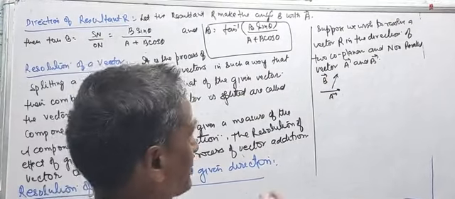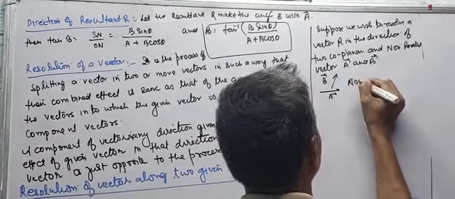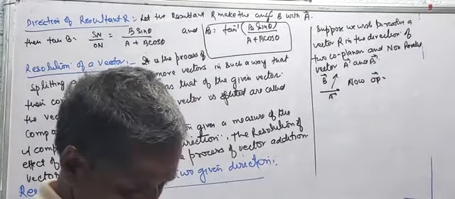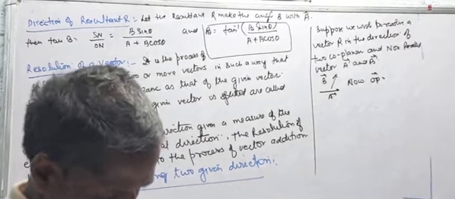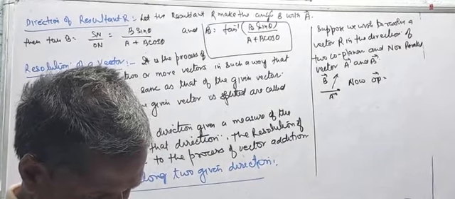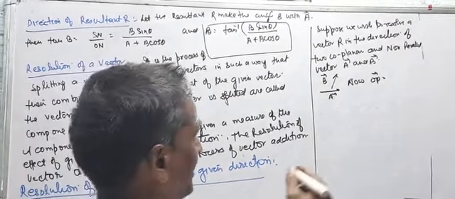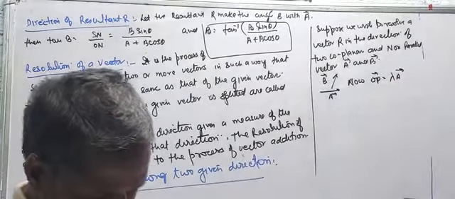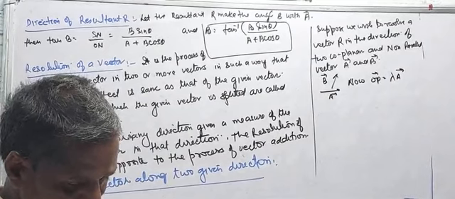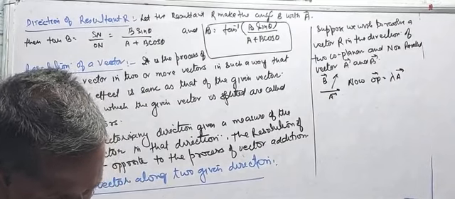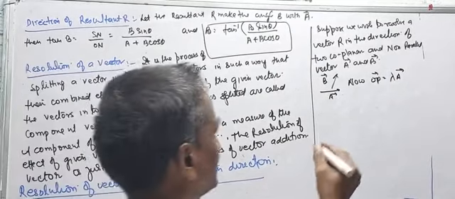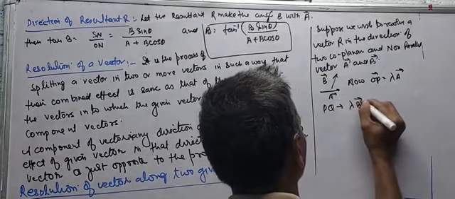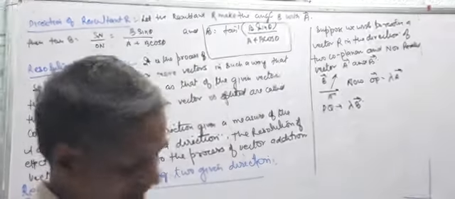Now OP equal to lambda A vector and PQ equal to lambda B vector.